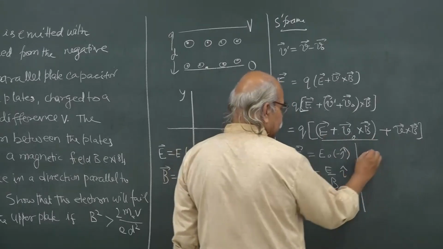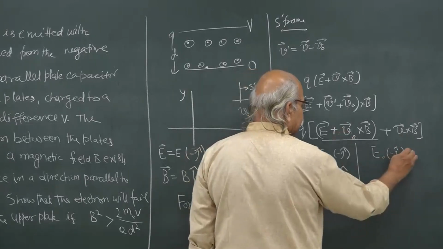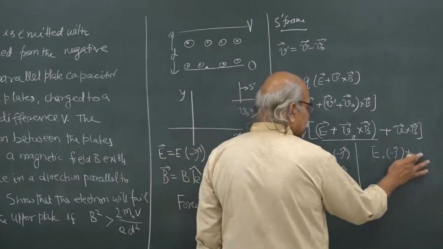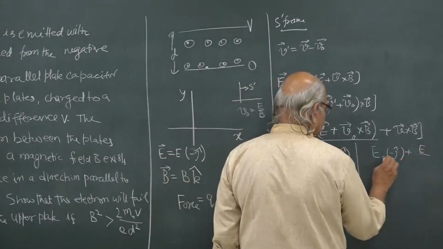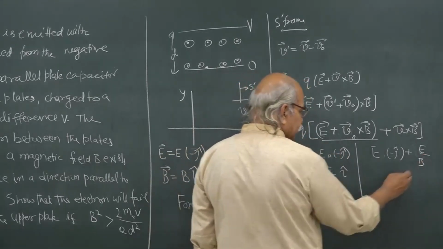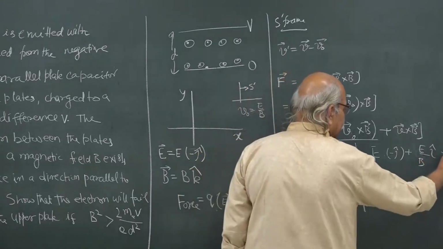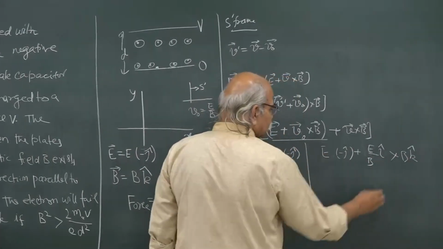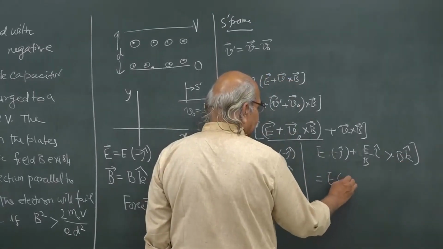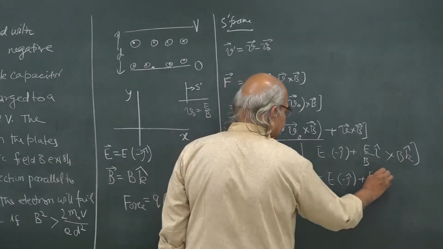This is E naught times minus j cap plus V naught, which is E by B, in i cap, cross product with B, which is k cap. So, what we see is it is not cancelling, it is adding. This B cancels out and we get E and then again minus j cap.